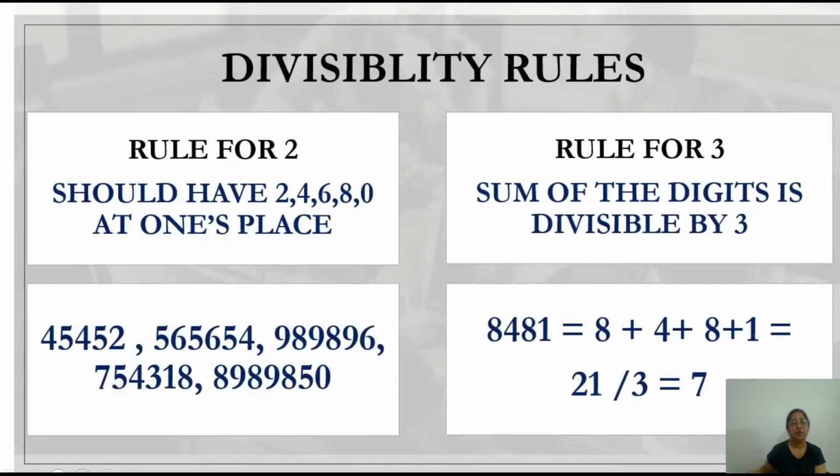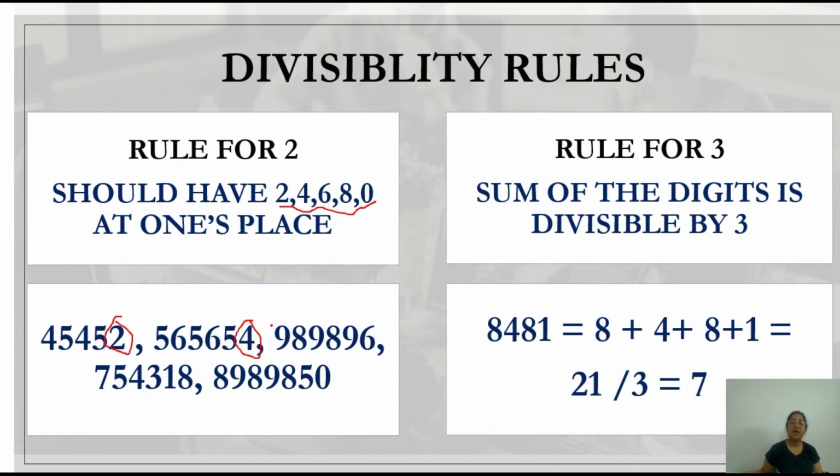So first of all we will discuss the divisibility rule of 2. What is the divisibility rule of 2? The rule is that a number should have 2, 4, 6, 8 or 0 at the ones place, like these numbers. Here 2 is at the ones place, 4 at the ones place.